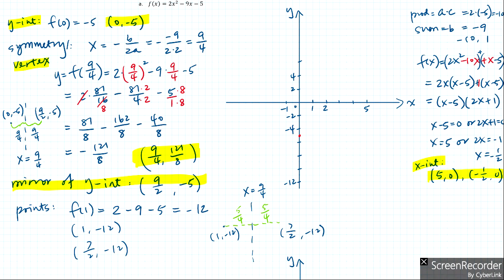And 121/8 is going to be a little bit over 15, and I might have to extend my y-axis a little bit over here. So let's see, if we had 6, 8, 10, 12, yeah, I'll have to extend it a little bit over here.